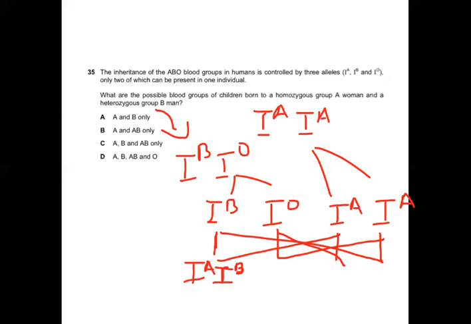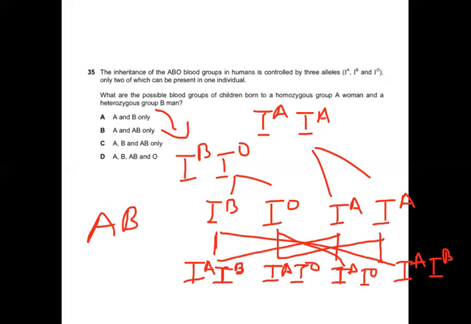Then it is IAIO. Here it is again IAIO. And for this one, IAIB. So now the blood groups for the first and the last one is blood group AB, and for the second and third, it's blood group A. That's why B is the correct answer.